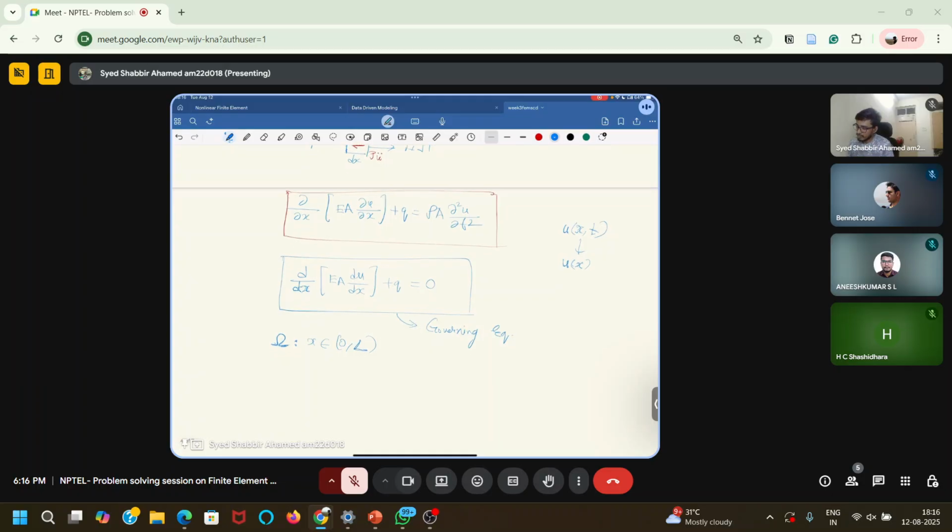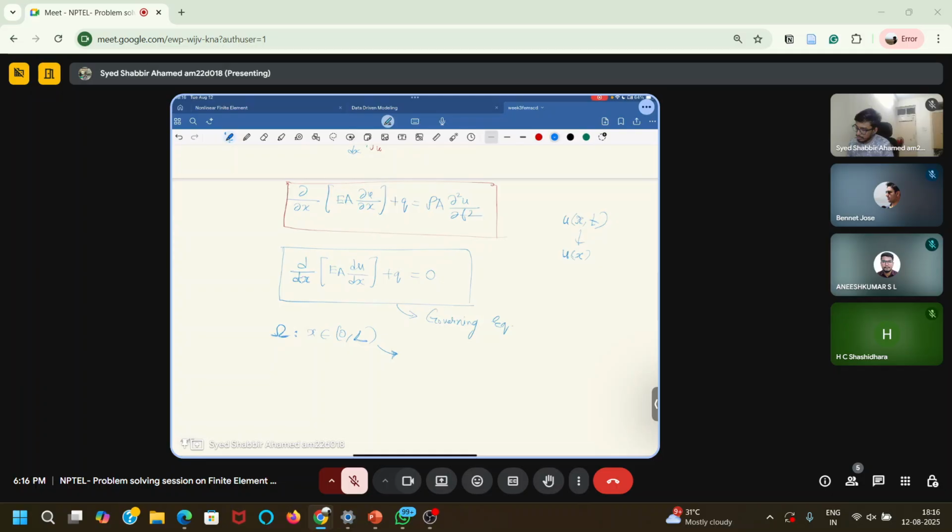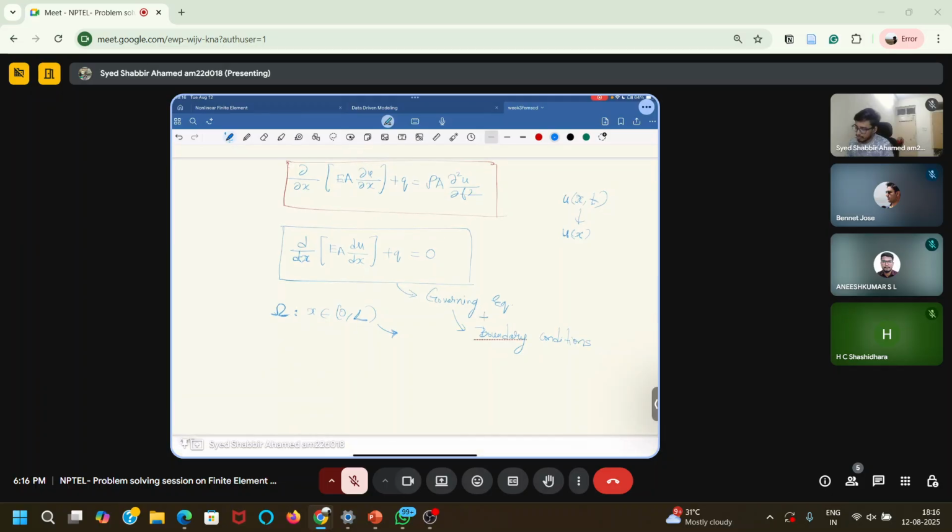And if I want to solve this, we also need, along with the governing equation, boundary conditions to solve this problem.